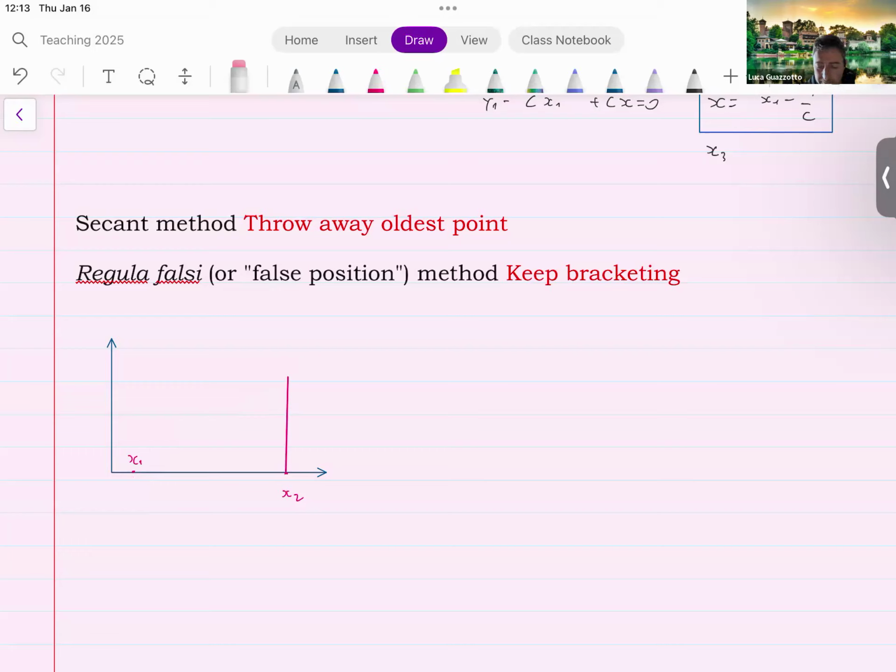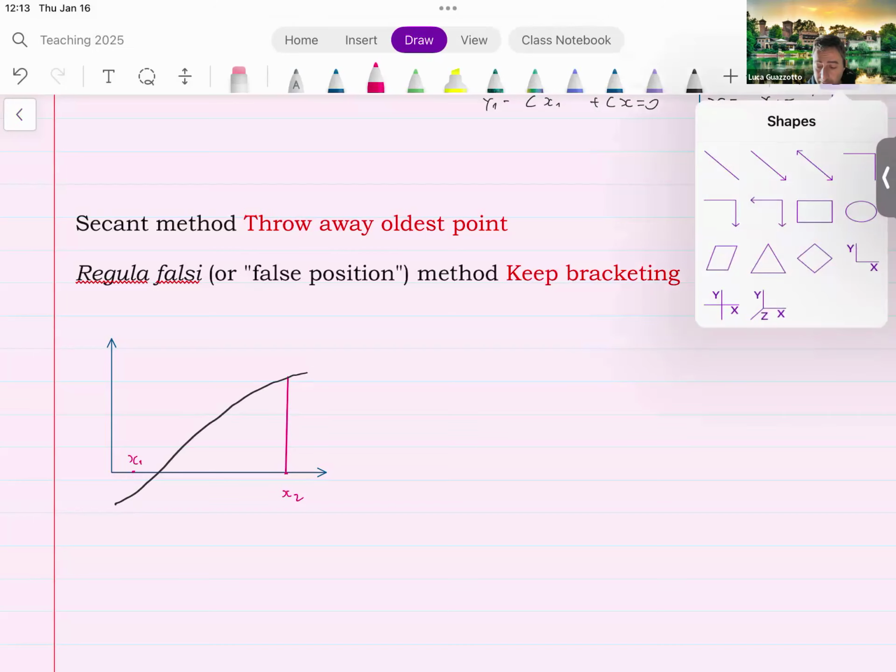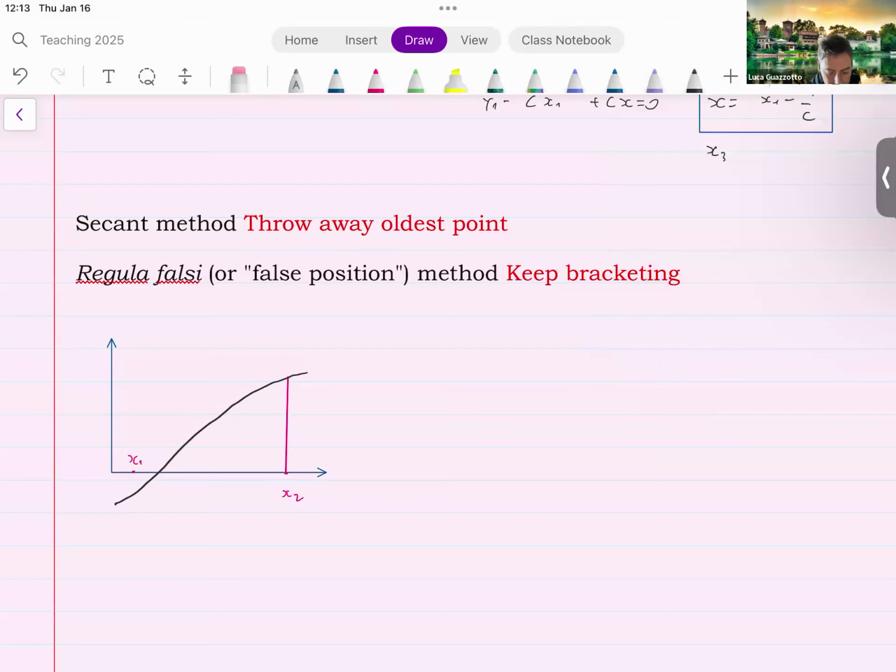No, not what I meant to do. Okay, red line.